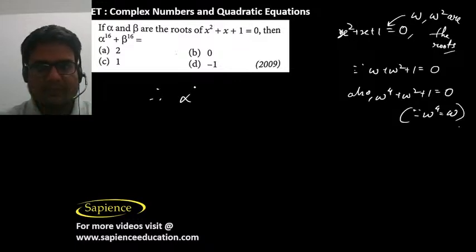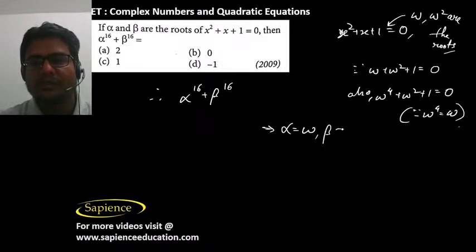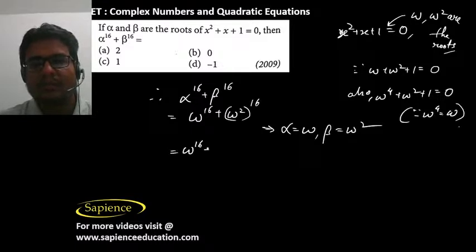Now we have to find alpha power 16 plus beta power 16. It means that we can take alpha as omega and beta as omega square. So this will be omega power 16 plus omega square whole power 16, that is omega power 16 plus omega power 32. So this will be omega power 15 into omega plus omega power 30 into omega square.